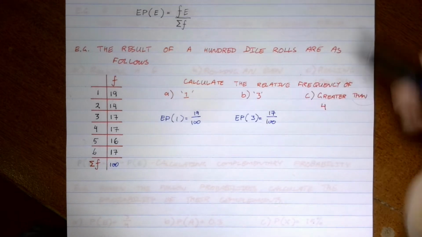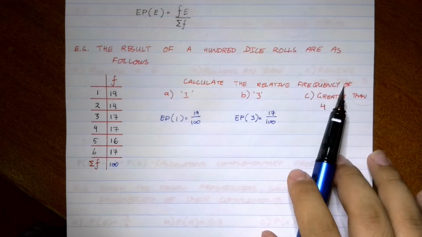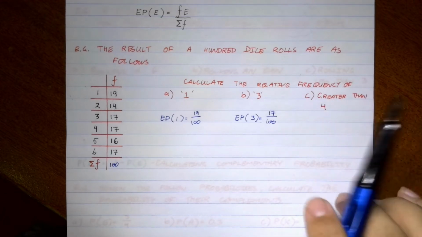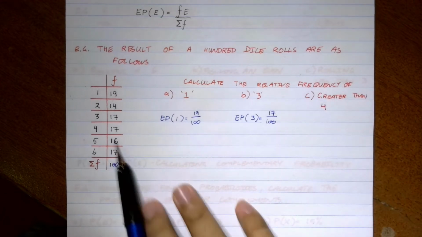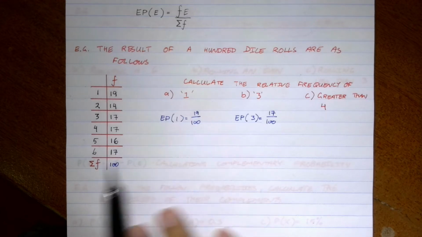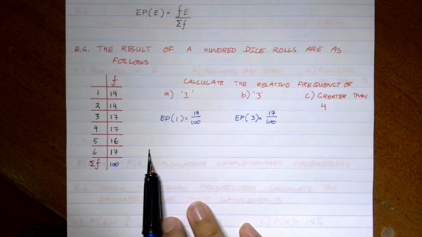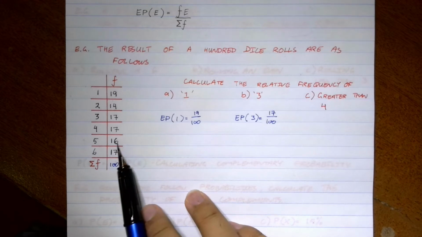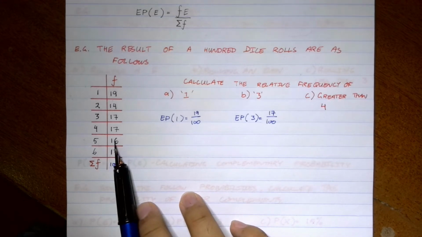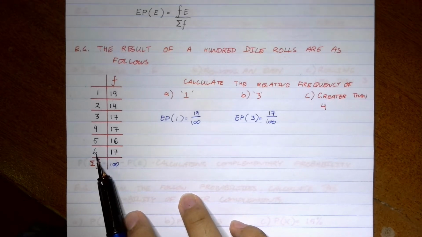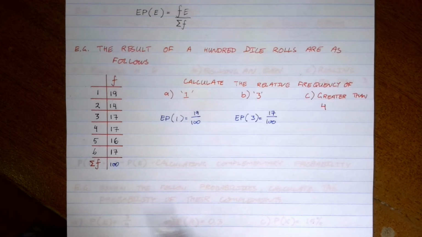And lastly, calculate the relative frequency of greater than 4. Well, how many times did we roll this die and get greater than 4? Well, 5 happened 16 times and 6 happened 17 times.